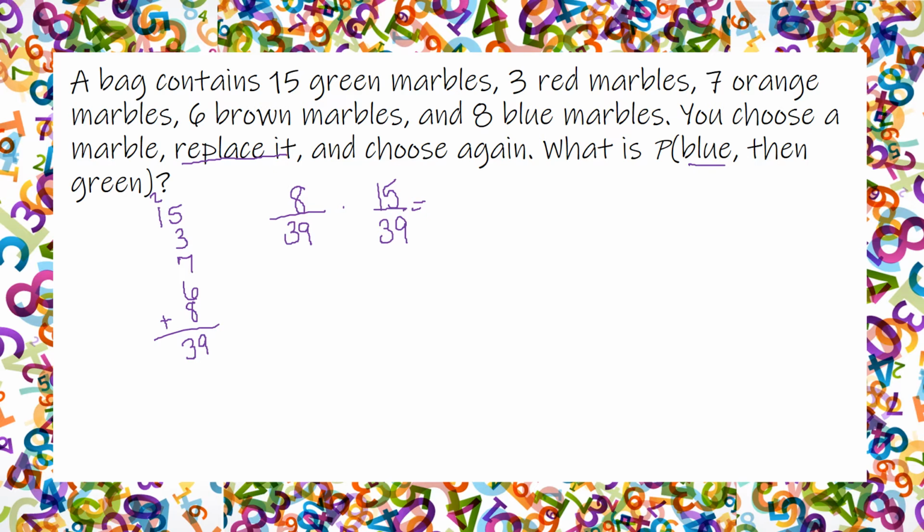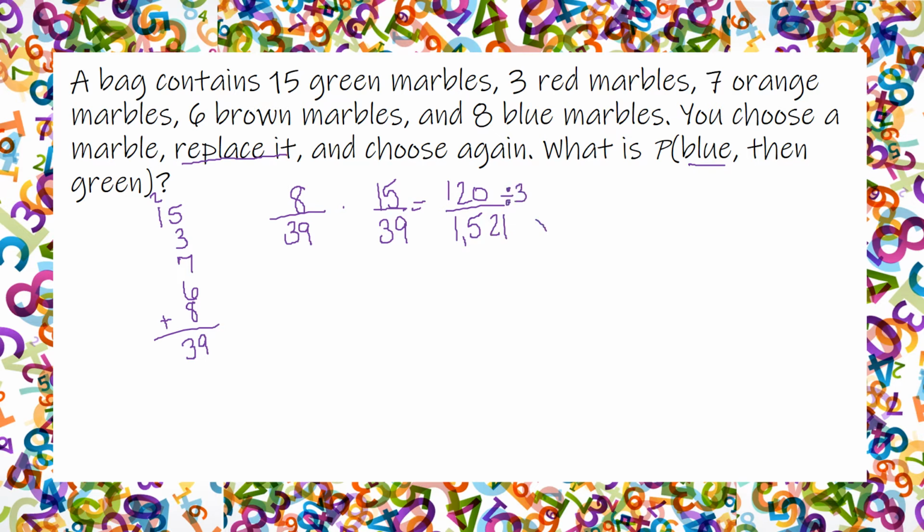So I'm going to multiply across the top, 8 times 15, and I get 120. And then 39 times 39 is 1,521. I see both of these are divisible by 3.